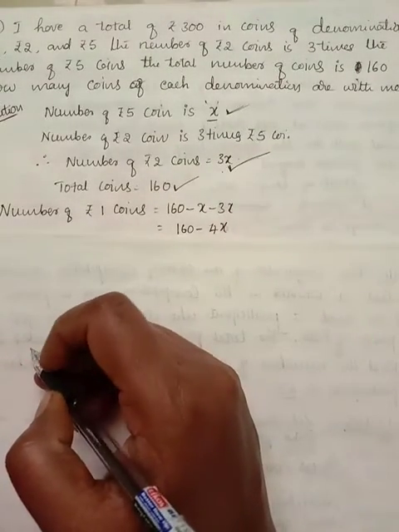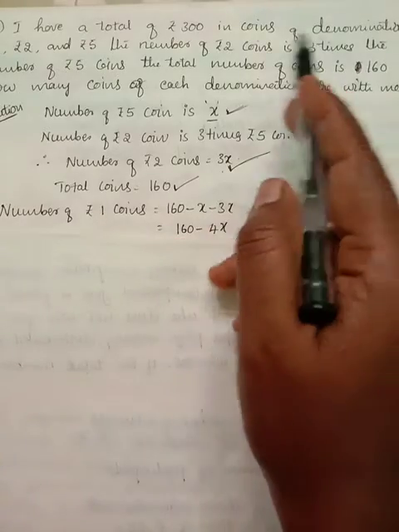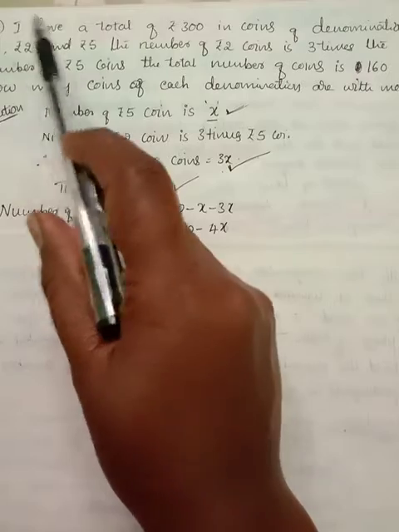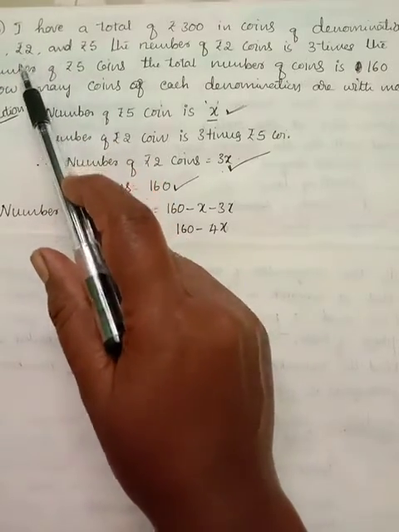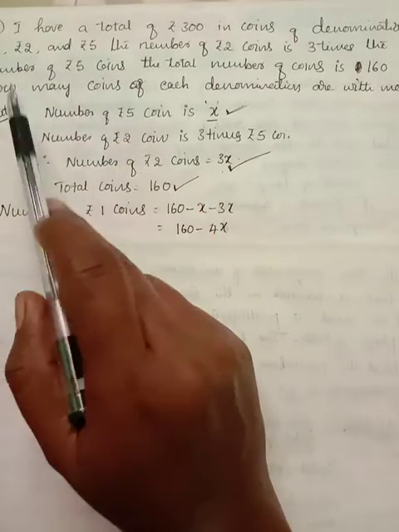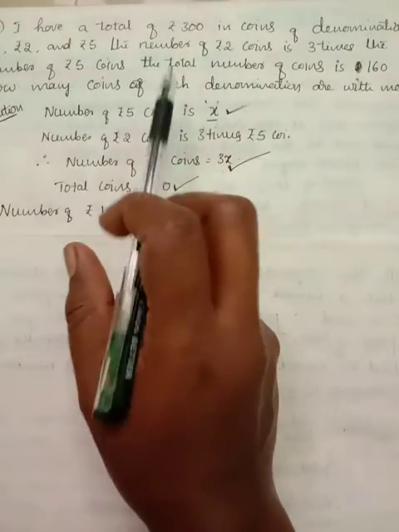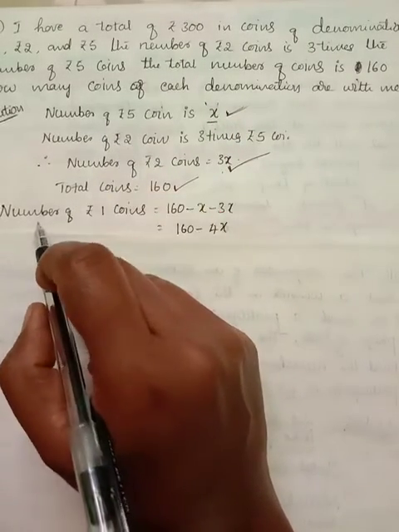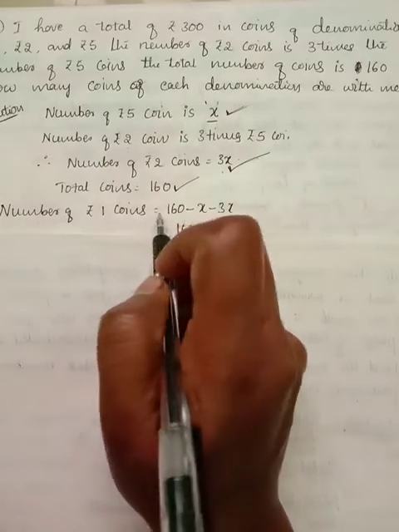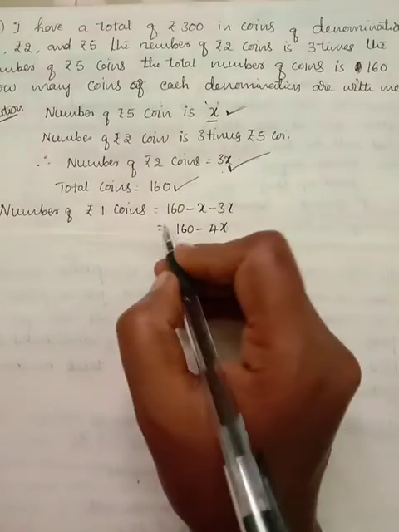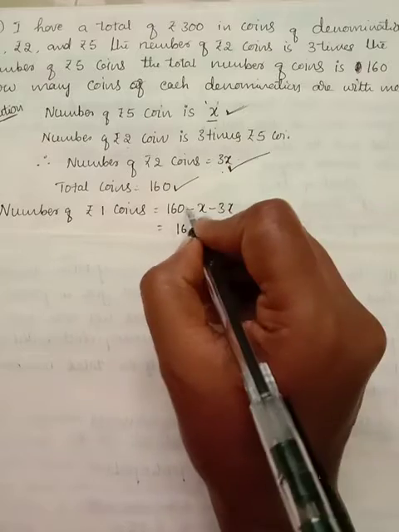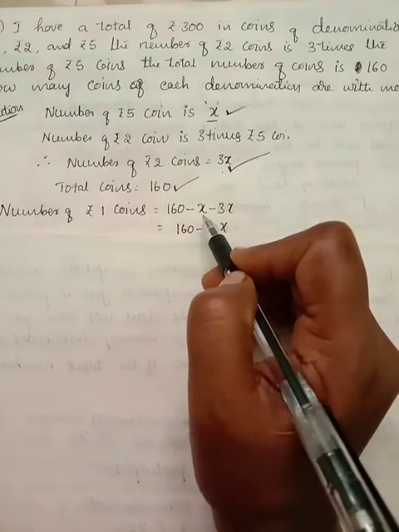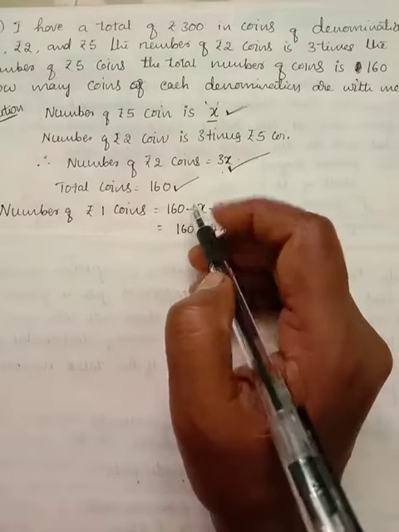And we find the coins of denomination are like this: 1 rupee coin is also there, 2 rupee coin is also there, and 5 rupees also. In the denomination we already wrote 5 rupees and 2 rupees. The remaining one is the number of 1 rupee coins, how much. And look at this, out of 160 coins, the 5 rupee coins is x, we are subtracting.